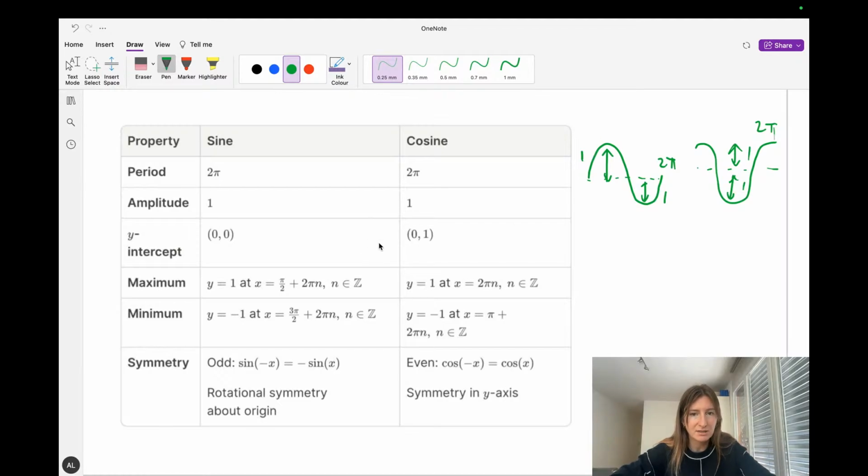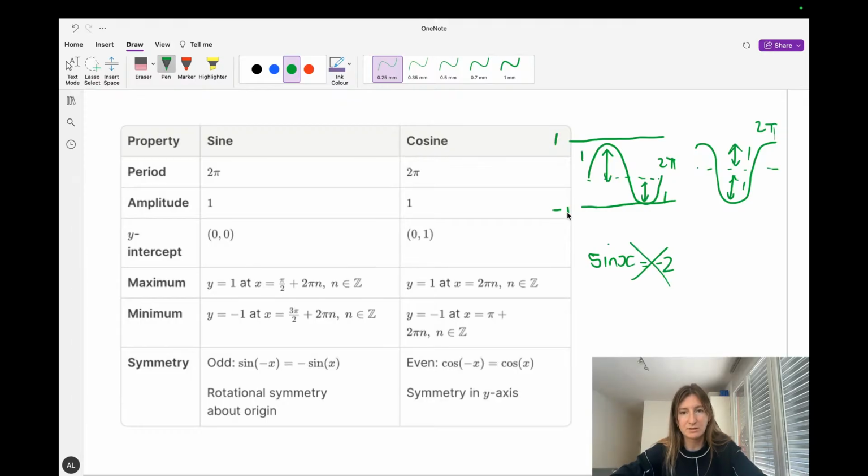We already talked about the intercepts, minimums and maximums. Because the amplitude is 1, they go from 1 to -1. So if you're getting something like sine x equals -2, that's just not possible because the lowest it goes is -1. Same for a cos graph. It's also -1 and 1. However, a tan graph is going onwards and upwards and downwards for infinity in both directions.